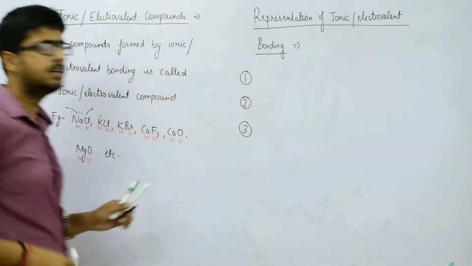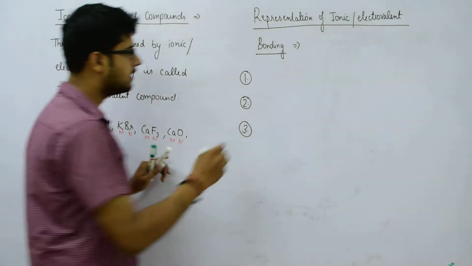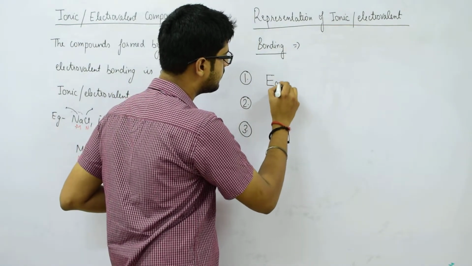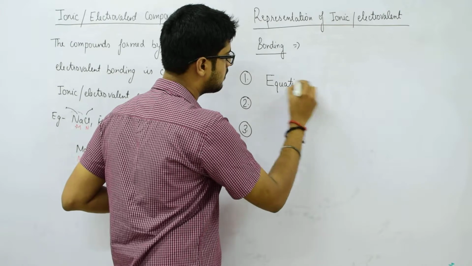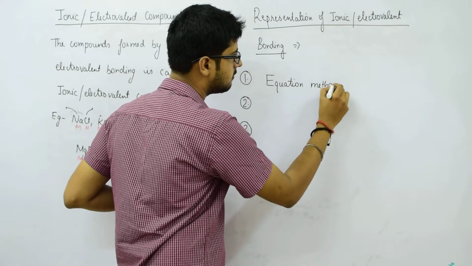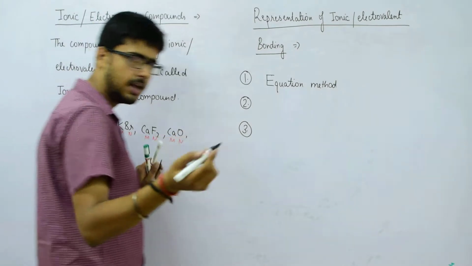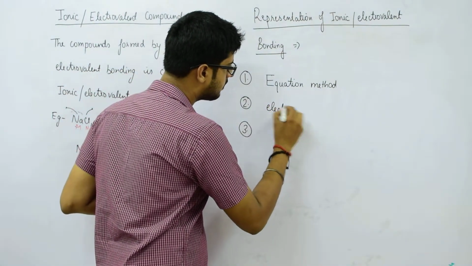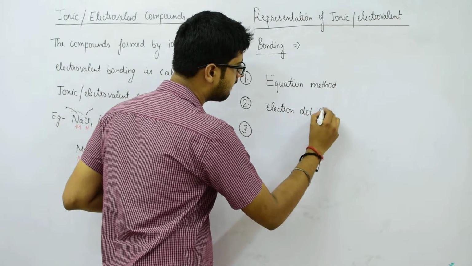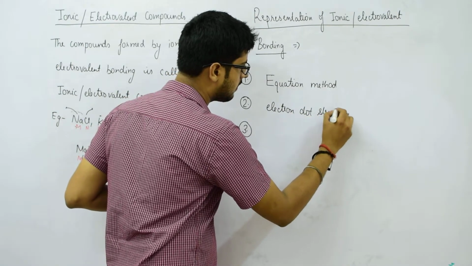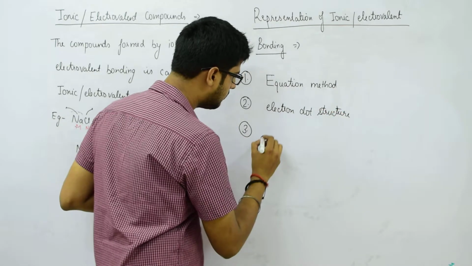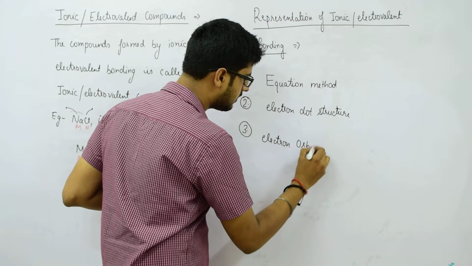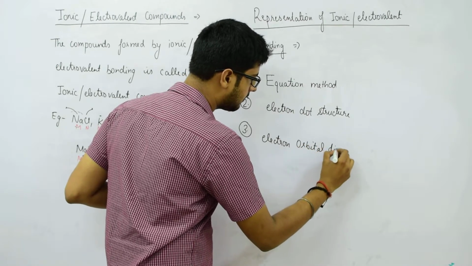The first one is the equation method, that is in the form of equations like we have in maths. The second one is the electron dot structure, and the third one is the electron orbital diagram.